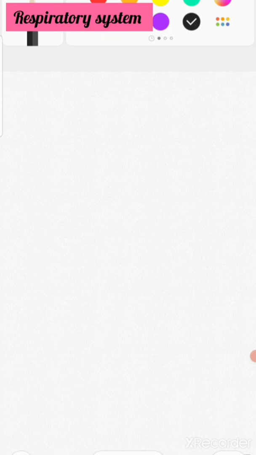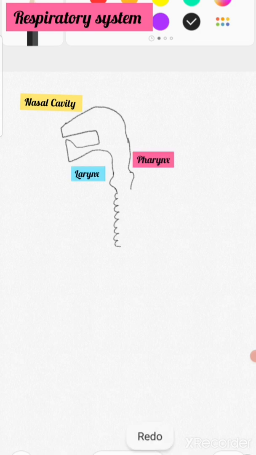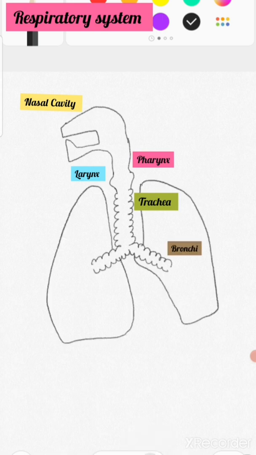Now let's see how the exchange of gases takes place in our lungs. To see this, we have to come back to our respiratory system. In our respiratory system there is the nasal cavity, oral cavity, pharynx, larynx, and trachea. The trachea divides in two, which are the bronchi, and these bronchi open into our lungs.